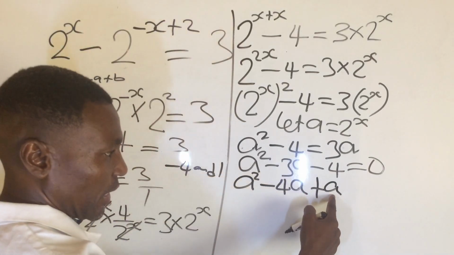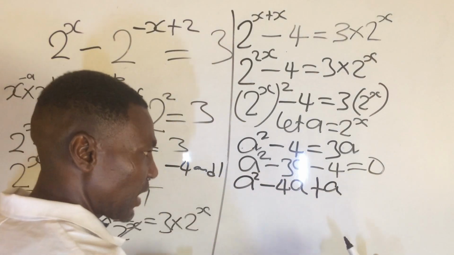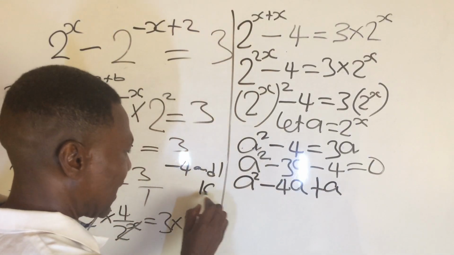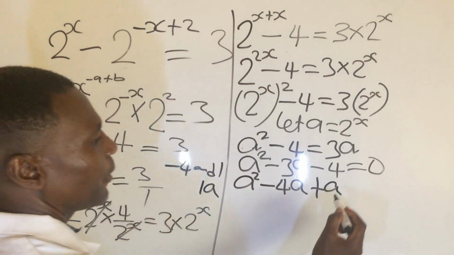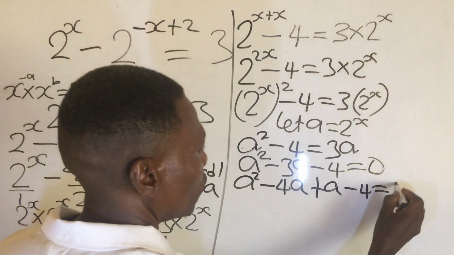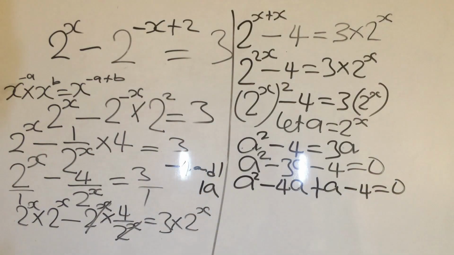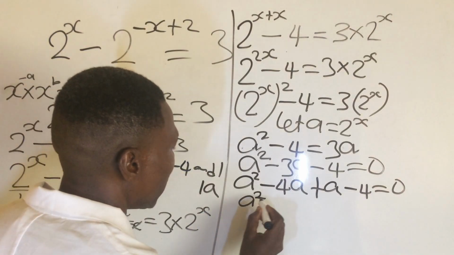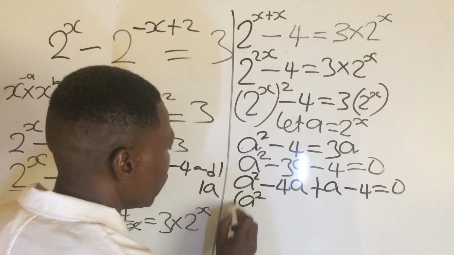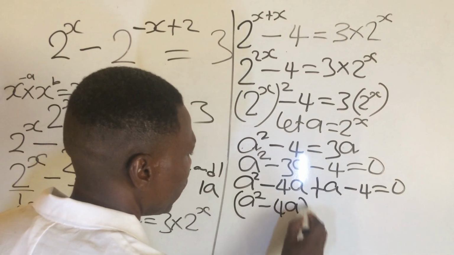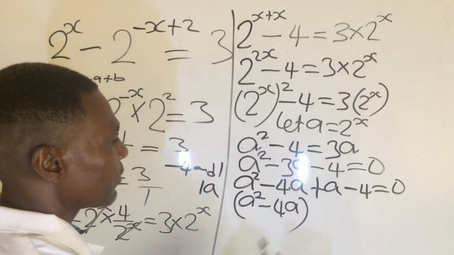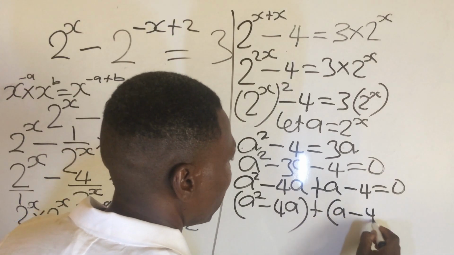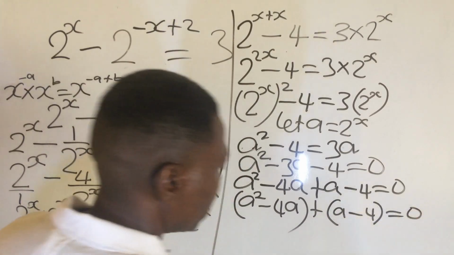We just write only a now, 1a means a. No need of saying 1a. It's still a, okay? Minus 4 equals 0. Now, can you see that? We now pick it: a raised to the power 2 minus 4a plus a minus 4 equals 0.